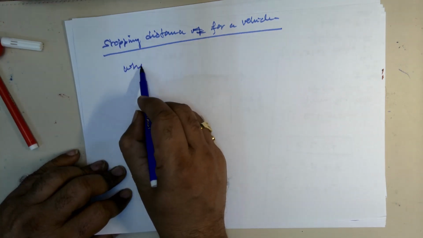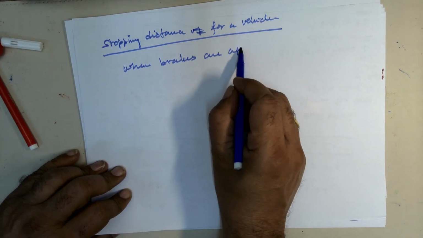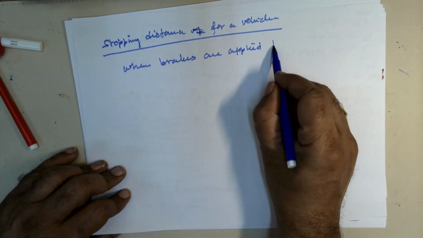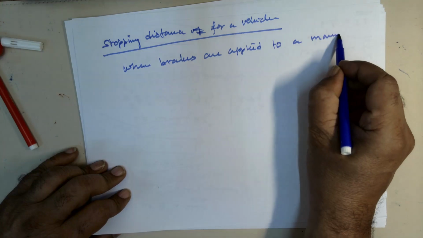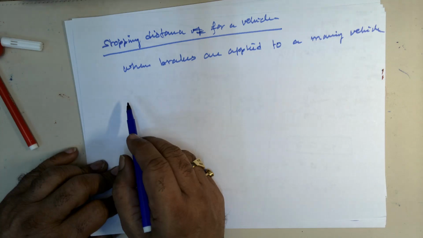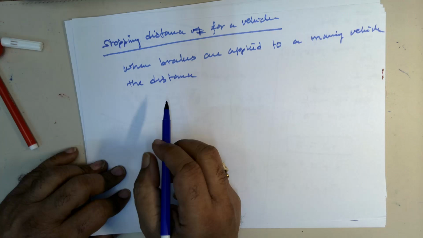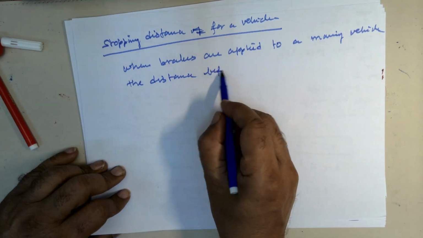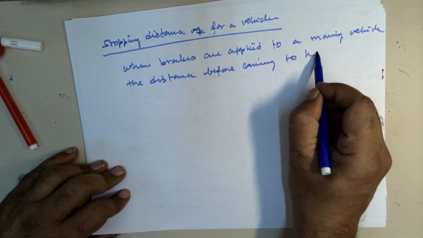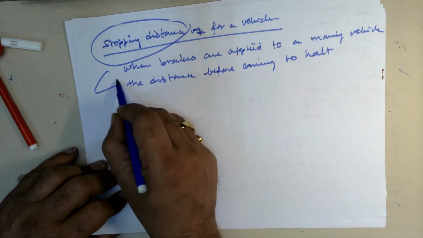When brakes are applied to a moving vehicle, the distance before coming to a halt, that is stop, is called stopping distance. Do you understand this?